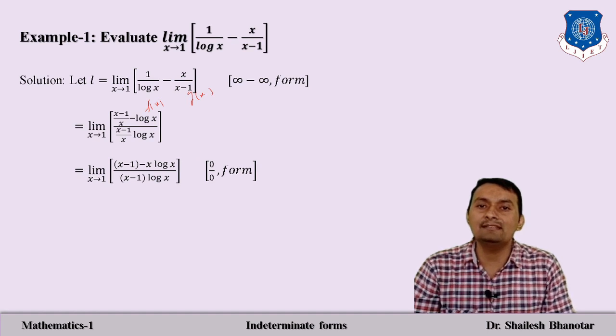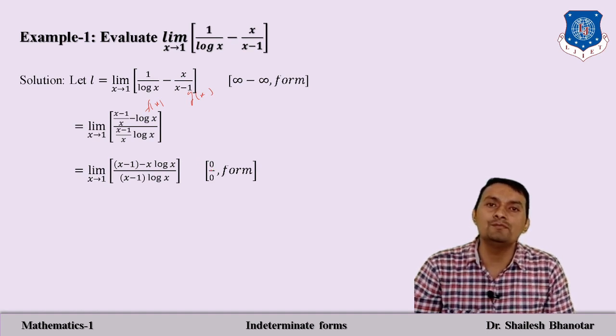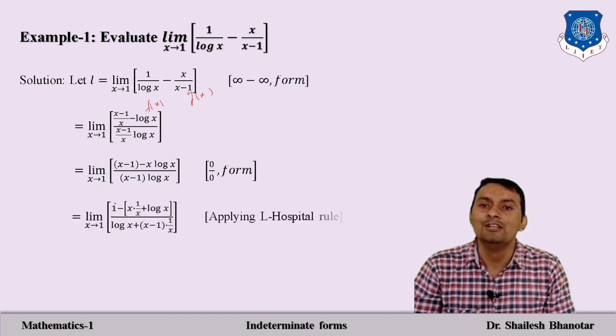But when we put x equal to 1, it is of the form 0 by 0, that means it is indeterminate, so we can apply the L'Hopital rule. When we take the derivative of the numerator, we get 1 minus, by the product rule, x times the derivative of log x, that is 1 by x, plus log x times the derivative of x, that is 1, divided by the derivative of the denominator, again by the product rule.